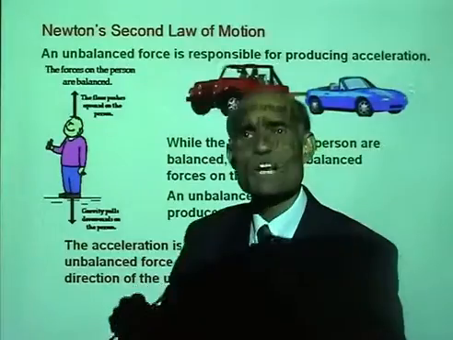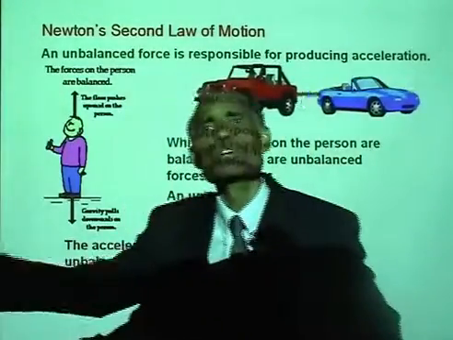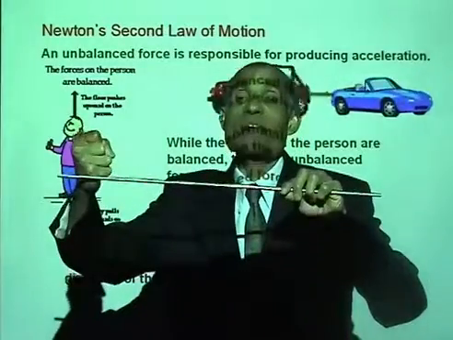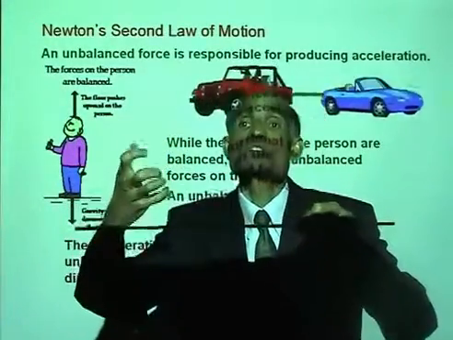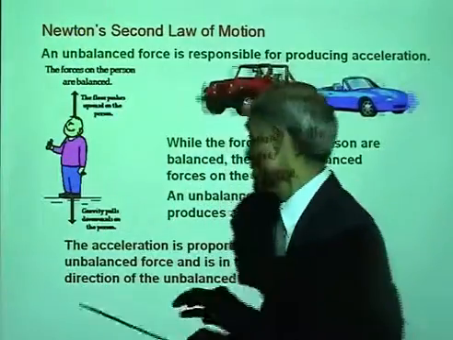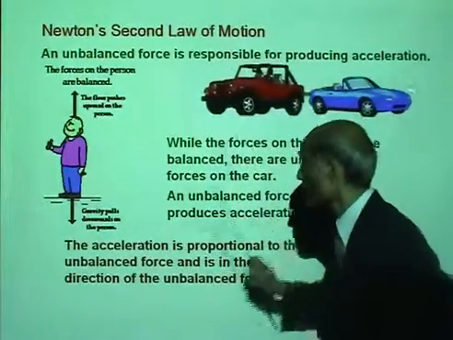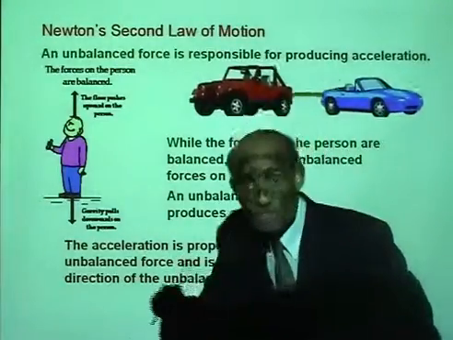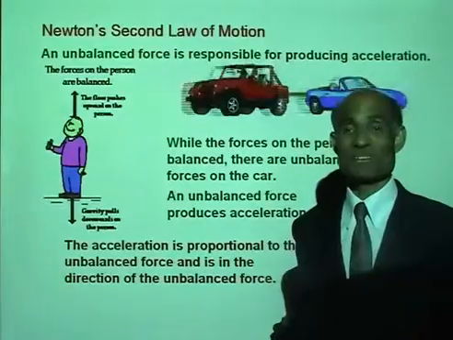What does that mean? Acceleration is proportional to the unbalanced force. It means you increase the unbalanced force, the acceleration will also increase. Is that right? That's what it means. So the acceleration is proportional to the unbalanced force, and it is in the direction of the unbalanced force.